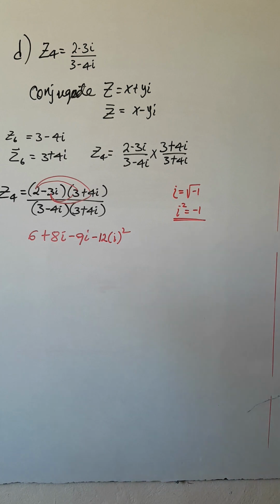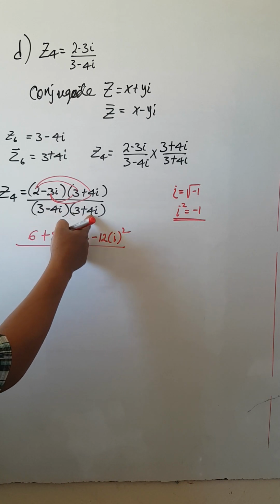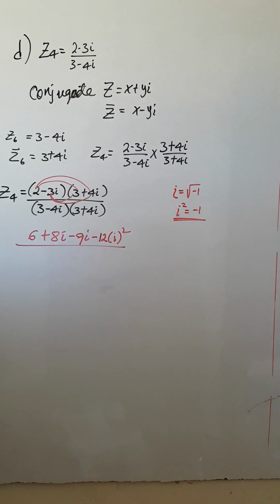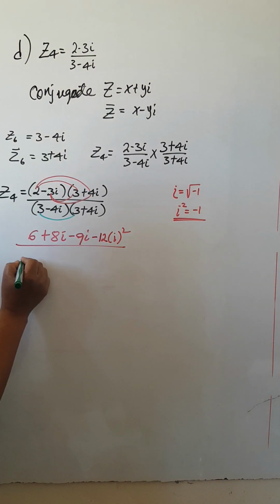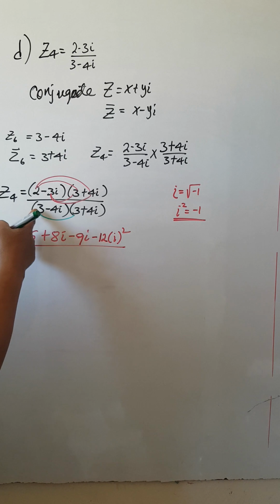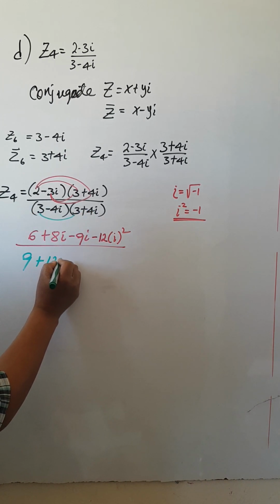In the same manner, in simple terms, this is a minus b times a plus b, where the product is a squared minus b squared. But let's follow the procedure we have used. Now 3 times 3 is 9. 3 times 4i is positive 12i.